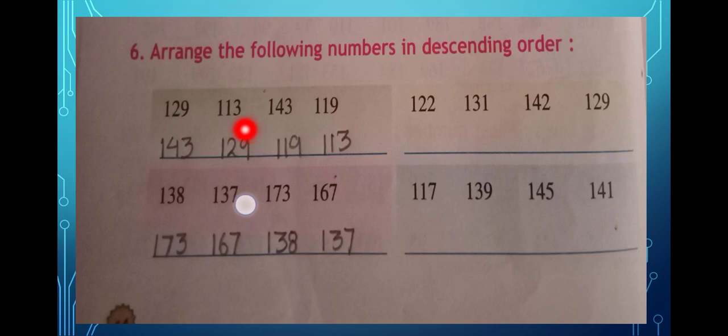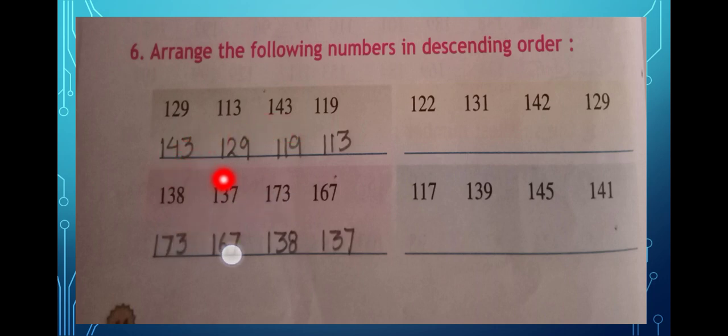Okay, so here it is 3 and here it is 9. Okay, that means 119 is bigger, isn't it? Actually here you have to find the bigger number. So it is 2, here it is 4. So obviously 143 is bigger.